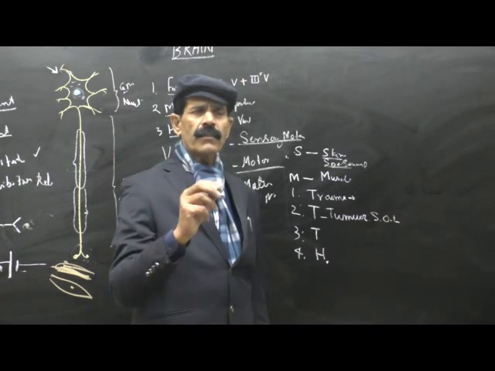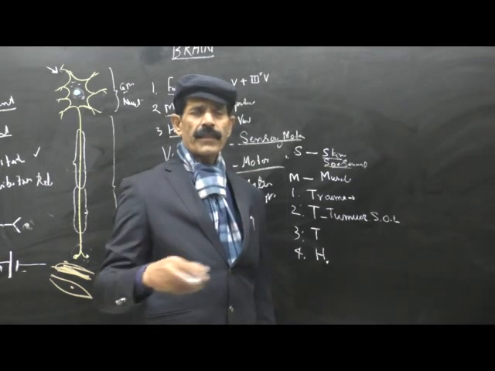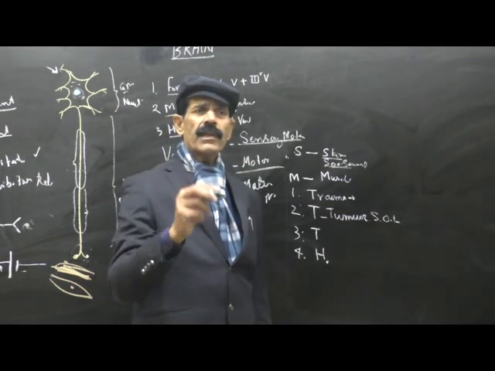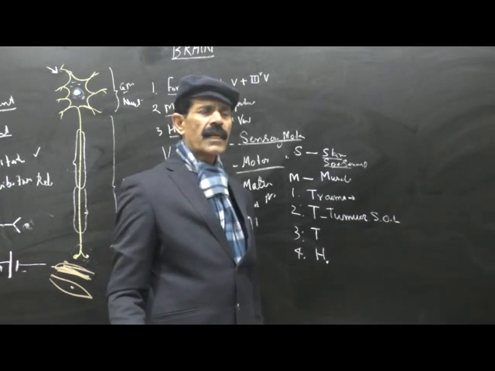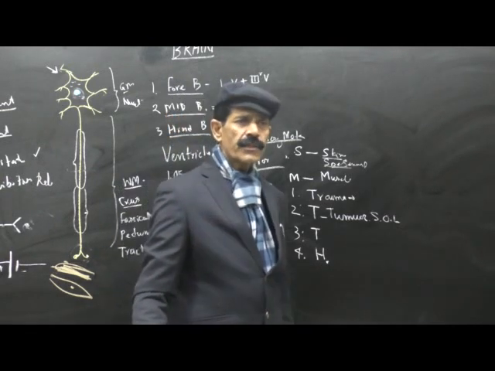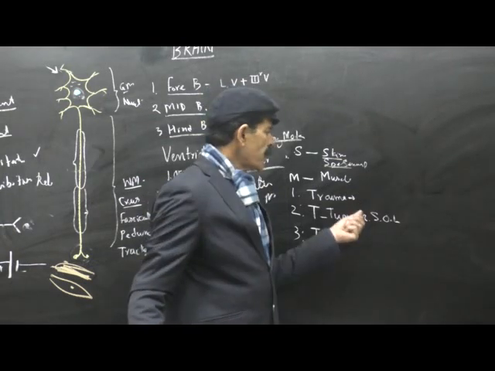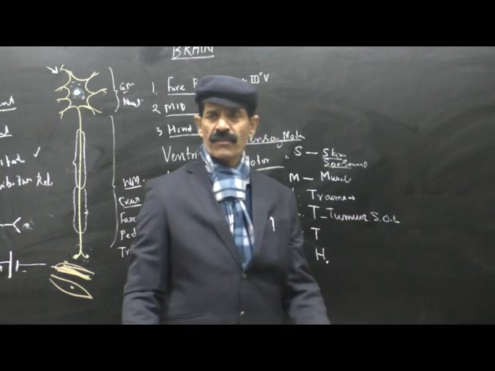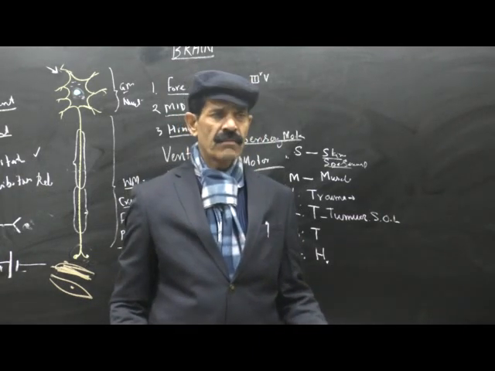It will press some area of the brain and that area won't work, and the patient comes with the problem of that particular function of that area. So that is the second T, the tumor, a space occupying lesion. It acts as a pressure effect and the function of the brain is deteriorated.